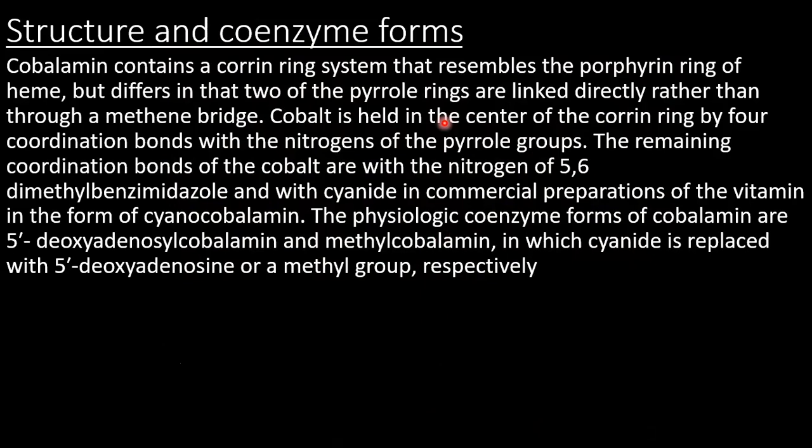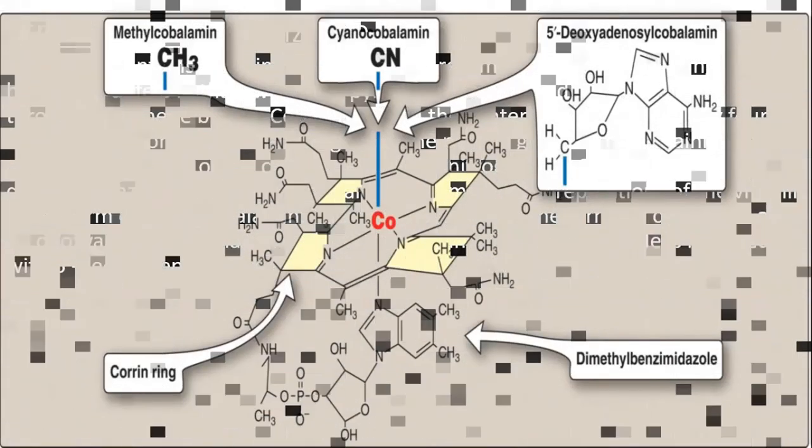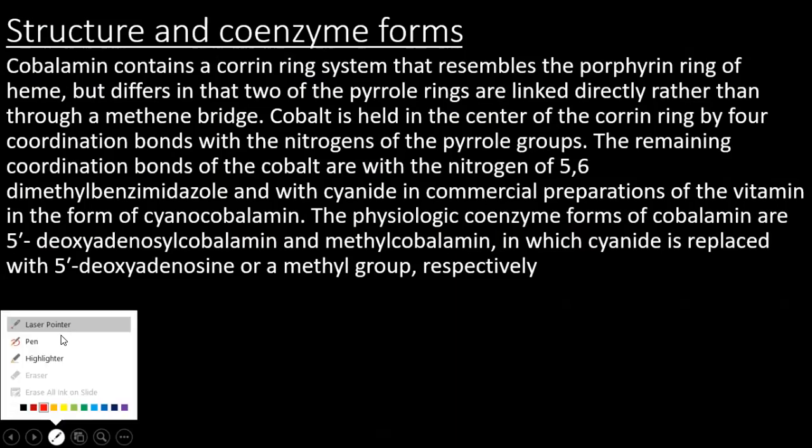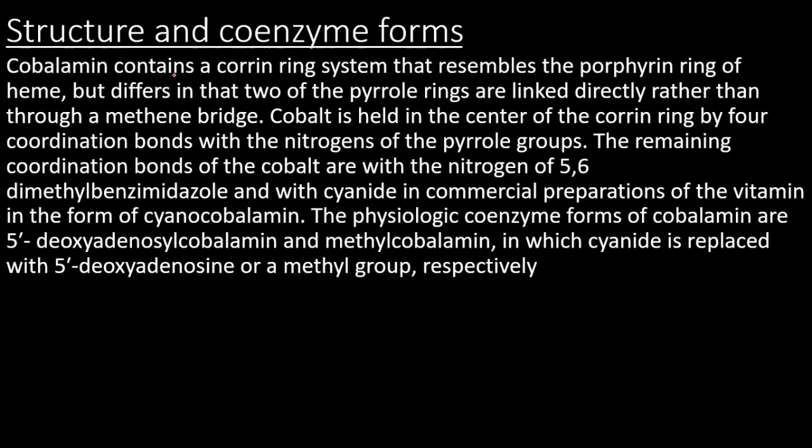Now, the structure of cobalamin and its coenzyme form. It contains a corrin ring system, which resembles the porphyrin ring in hemoglobin. You can remember the porphyrin ring in heme.